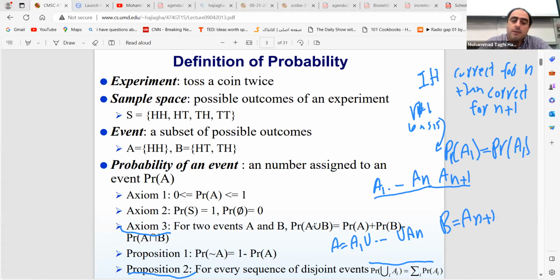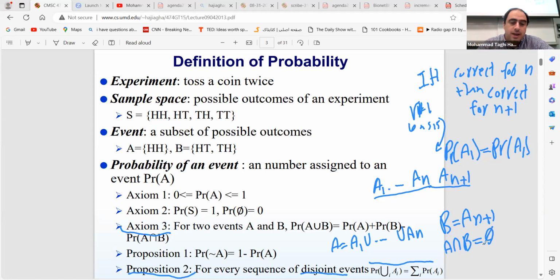It says that the probability of A union B would be equal to the probability of A plus the probability of B minus the probability of A intersection B. Here, because we have this assumption, and we should refer to all of these assumptions or definitions, we have this disjointness. Because we have this disjointness, we know that A intersection B would be equal to the empty set.